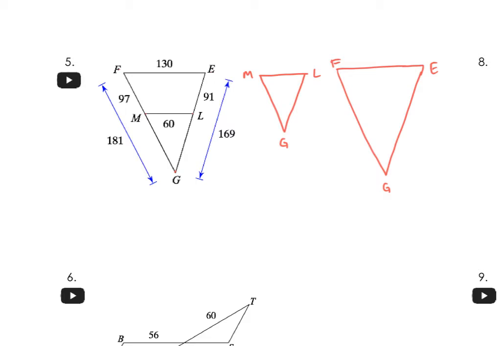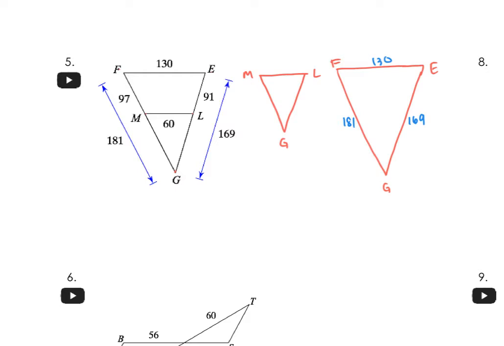Okay, now I'm going to fill in the measurements. I'll start with my bigger triangle. So GE is 169. FE is 130. And then FG is 181.